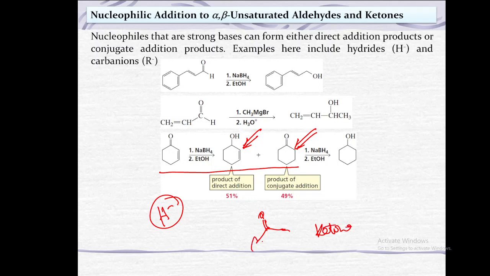It has large groups that you see, causing some steric hindrance, so that access to the carbonyl becomes a bit difficult, so that even a small nucleophile, being a strong base, is being sent to the beta position. So there are two possibilities because of a combination of the nature of the carbonyl compound and the nature of the nucleophile.